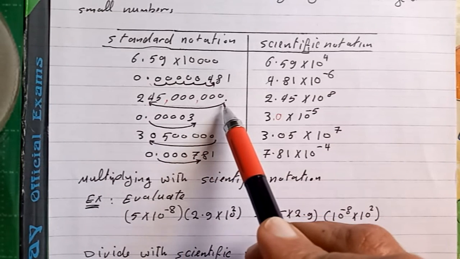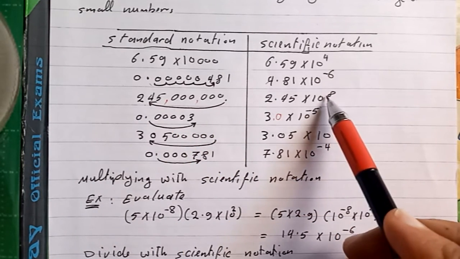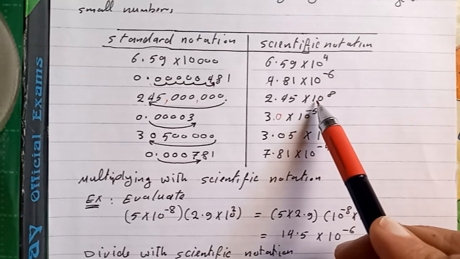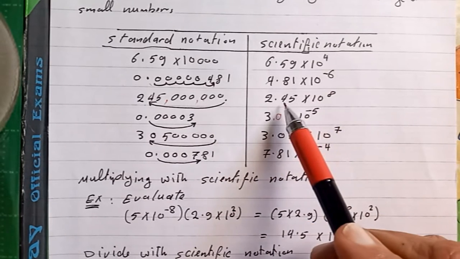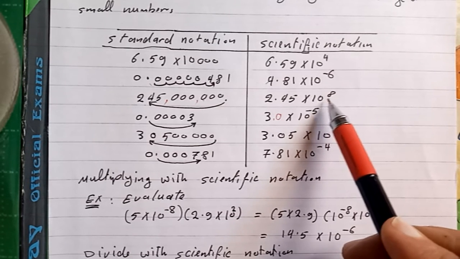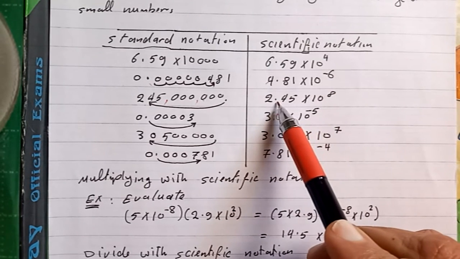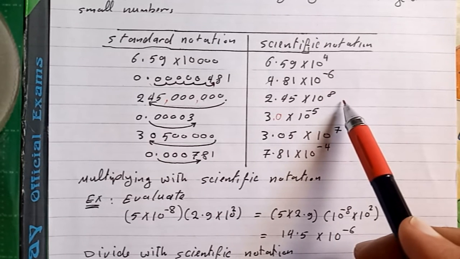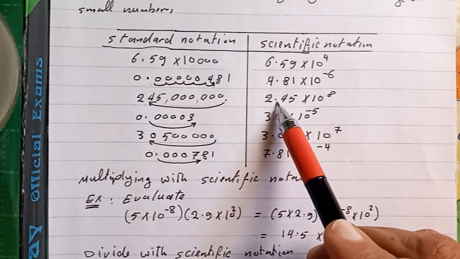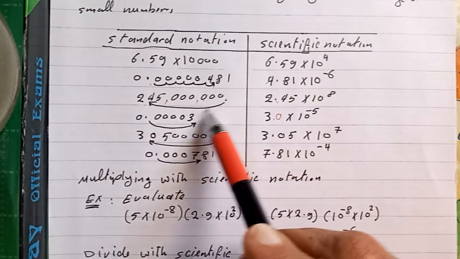Since you moved to the left, you write 10 power 8. Because if you want to change this to this form, 10 power 8 means 1 and 8 zeros. So in case you multiply 10 times any number, you take the decimal to the right. So the opposite, you take it to the left.